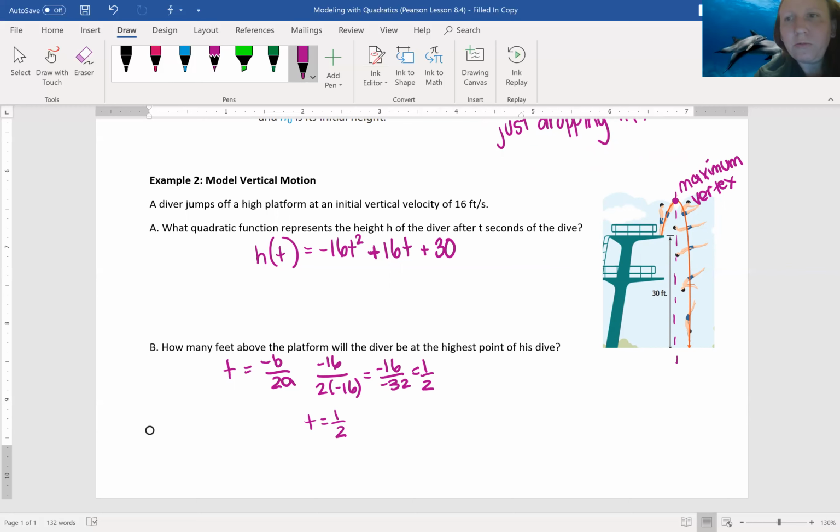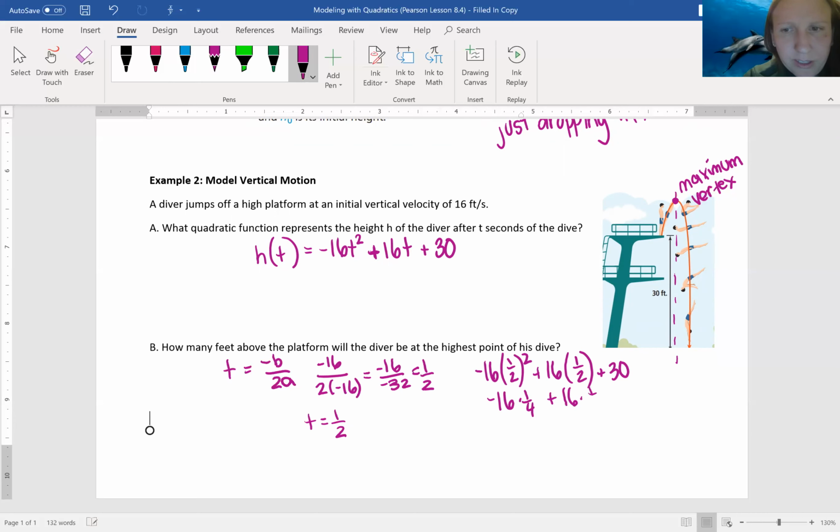Now we know what that x coordinate is. Now we need to know what that y coordinate is because that's going to be the maximum value. So we just take that t and we plug it in and evaluate. So we have negative 16 times 1/2 squared plus 16 times the half plus 30. 1/2 squared is 1/4, so negative 16 times a fourth.